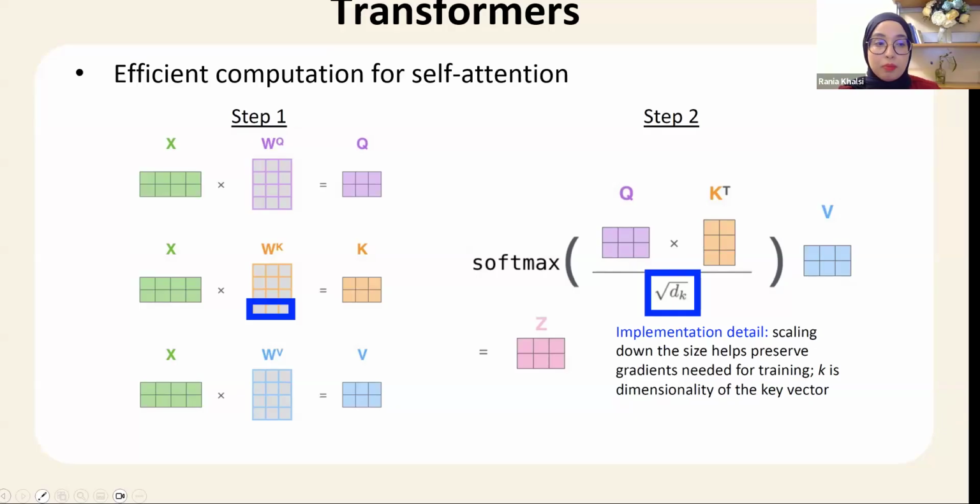We multiply the input by the weight matrix for the query, then by the weight matrix for the key, and by the weight matrix for the value. So here we obtain the key, and here we obtain the value vector.